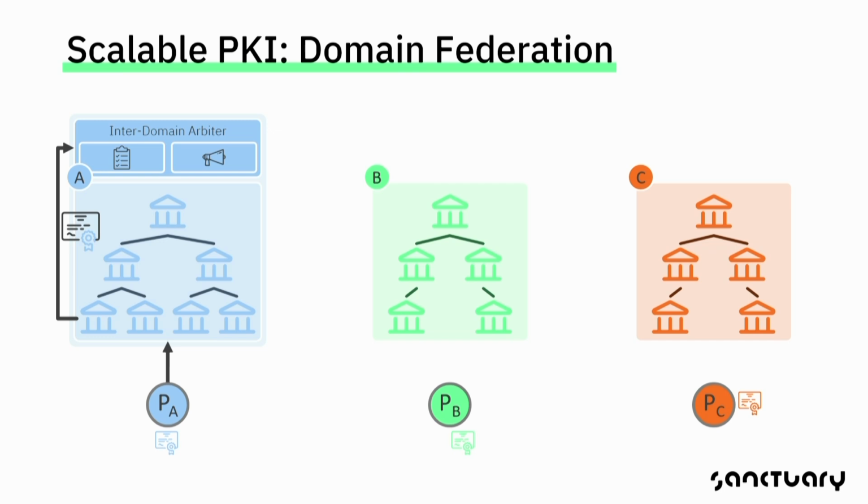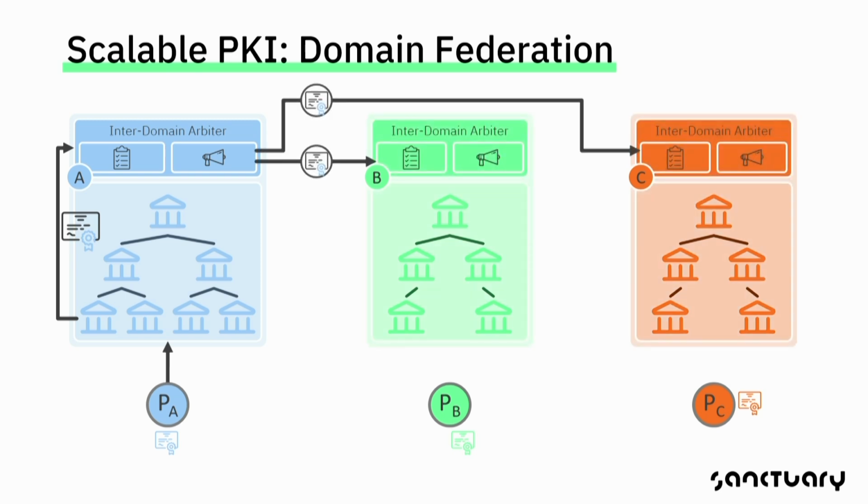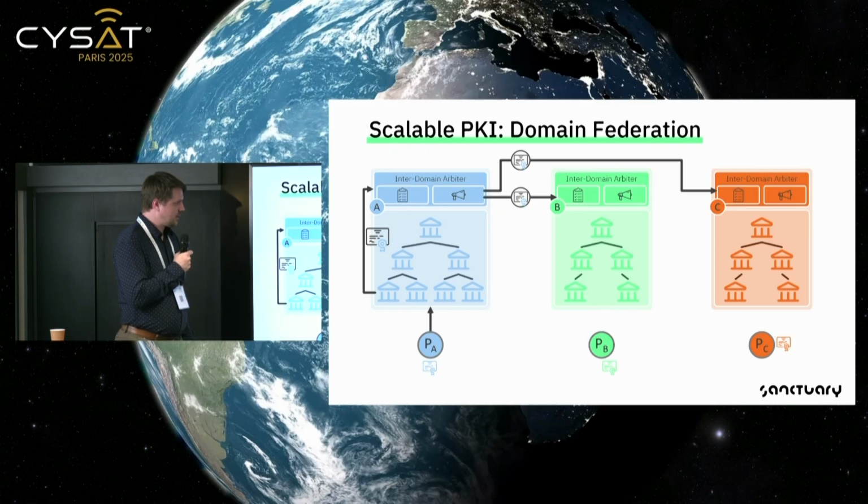But before providing the certificate to the principal, it will provide it to a new component that we have introduced, which is called the inter-domain arbiter. And this one will, similar to the internet approach, announce the new certificate to all the other domains.